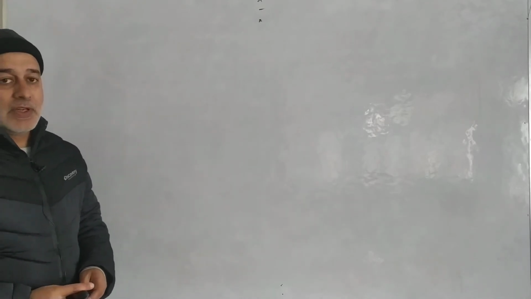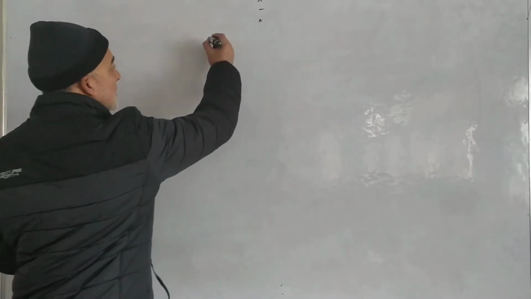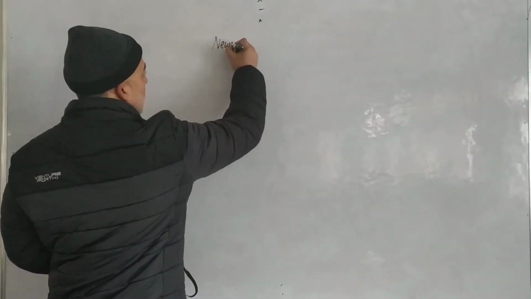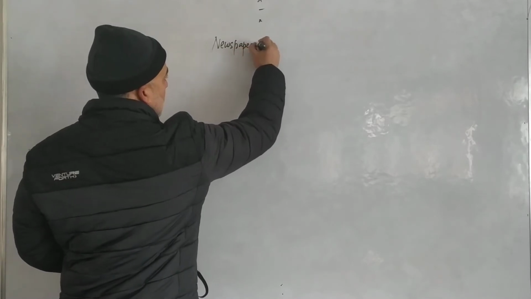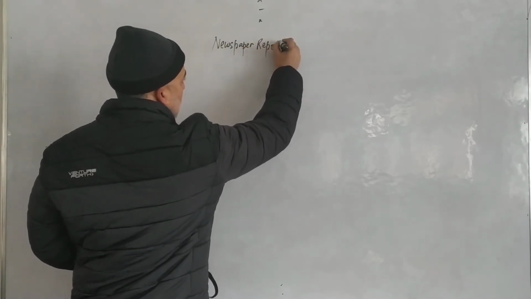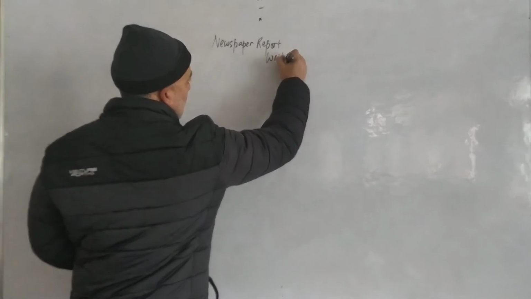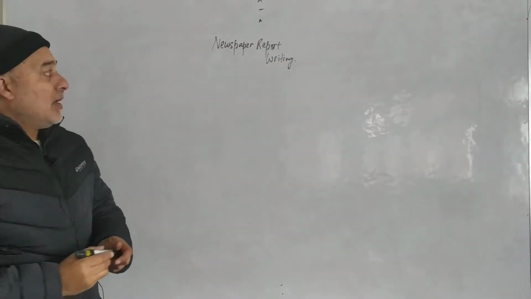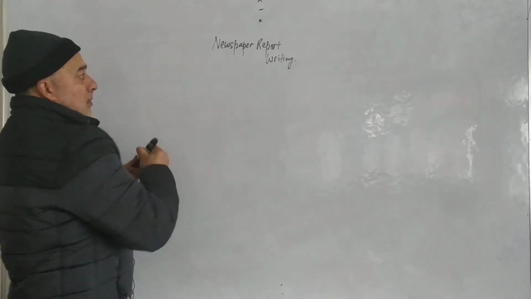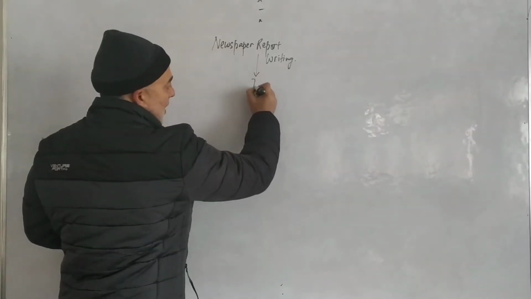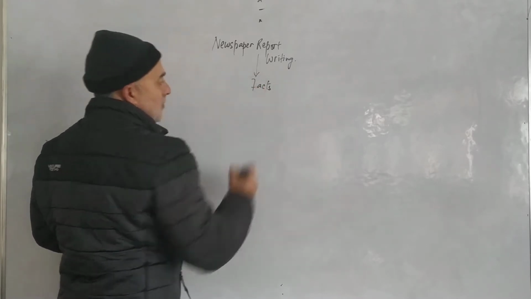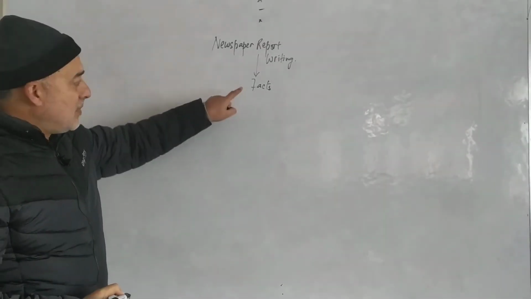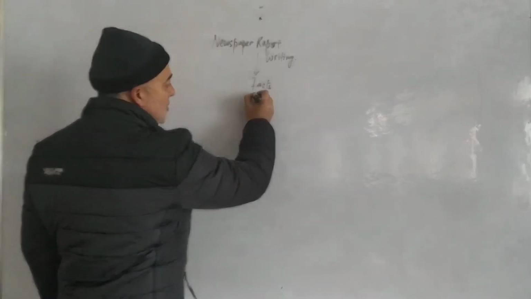Today we are going to discuss a very important component of English writing, that is newspaper report writing. Newspaper report writing is a report that is based on facts and published in a newspaper.